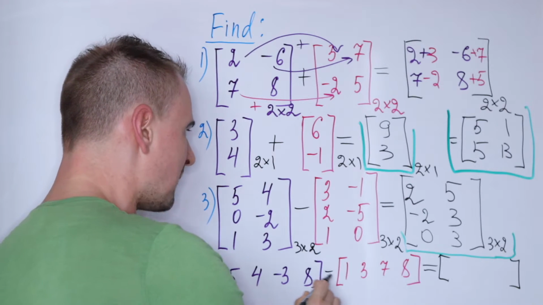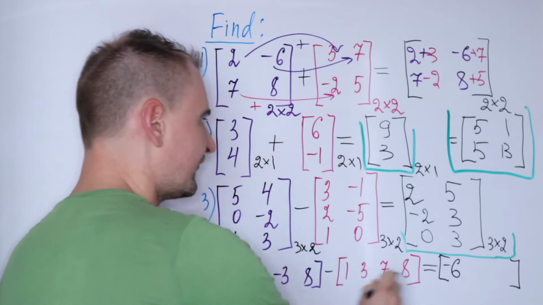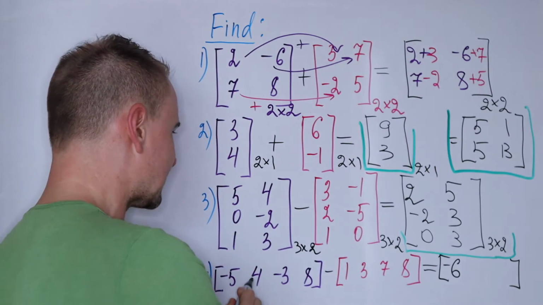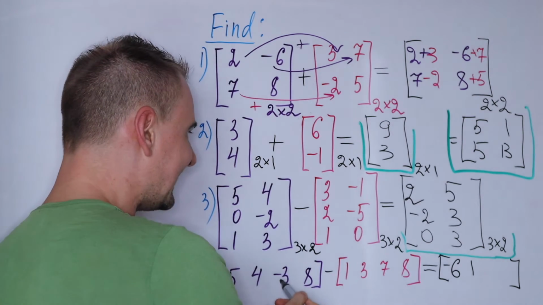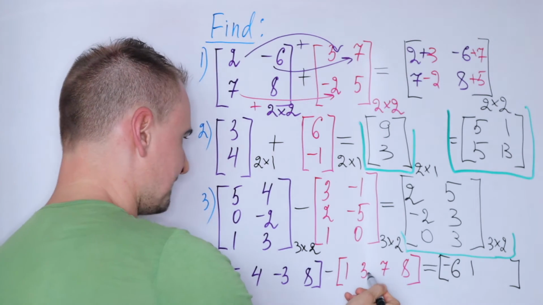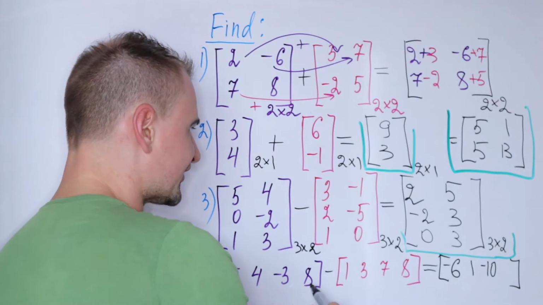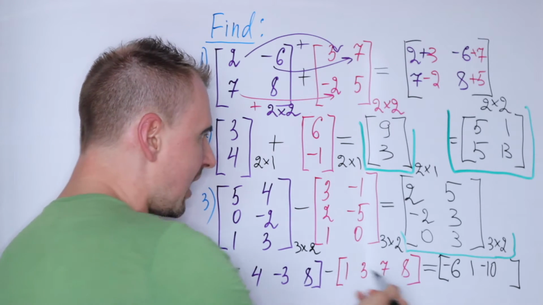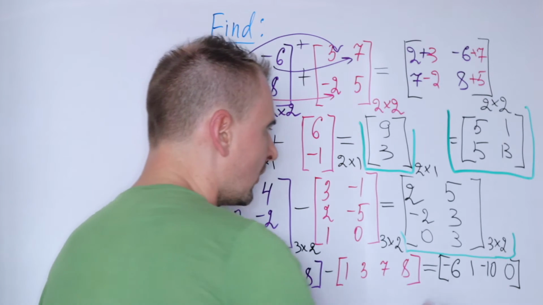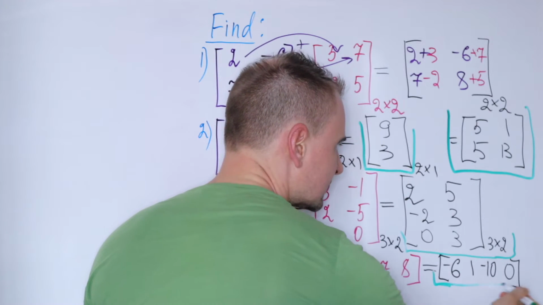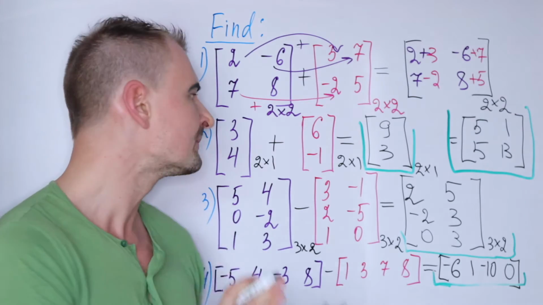So negative 5 minus 1 gives you negative 6. It's your first entry in the resulting matrix. 4 minus 3 gives you 1. Negative 3 minus 7 gives you negative 10. And finally, the last entry, 8 minus 8, comes out to be 0. So that's your final resulting vector, or row matrix, for these two matrices.